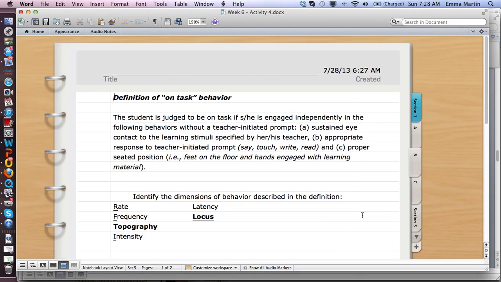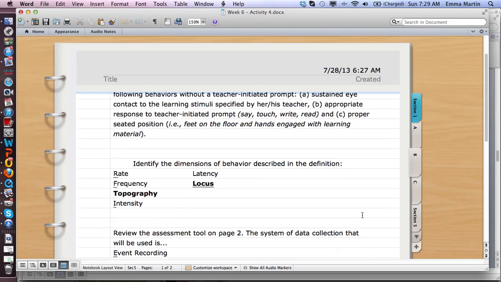Looking at the dimensions of behavior described in the definition, we're looking a lot at topography and locus, because we're talking about what it looks like and under what conditions it occurs.